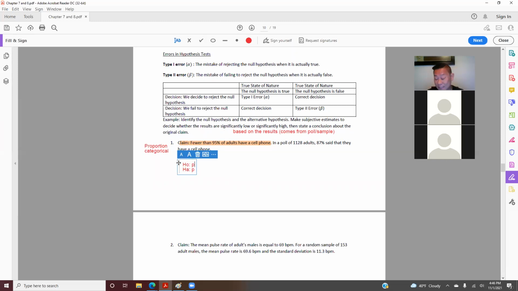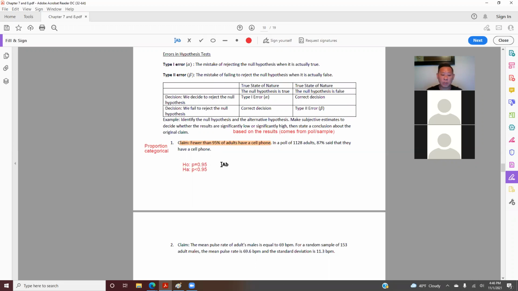And as you say, fewer means less than. If you have less than, greater than, or not equal, we always put them in the HA, the alternative. So you put it in the HA, where P is less than 0.95. The null hypothesis is always equal to 0.95. This is how we write the null and the alternative hypothesis.